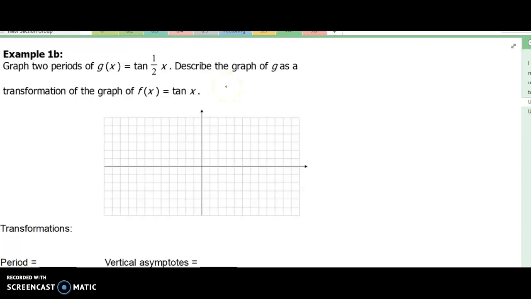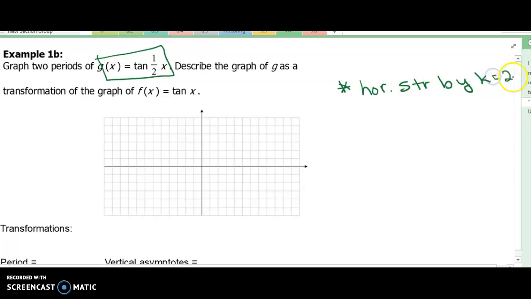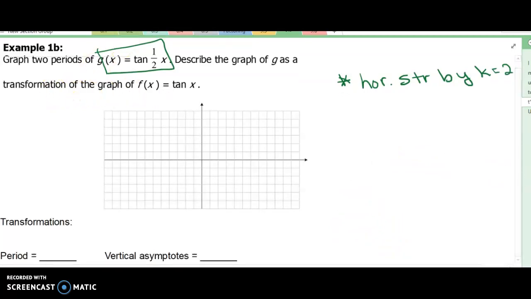This is just like 1a. So I want to graph 2 periods, and in this case, we have tangent of 1/2 x. Now, describe the graph. Well, all we have is the 1/2, and the 1/2 is a horizontal stretch by a scale factor of 2. That should be a review for you guys. Now to find my period, I want pi over b, and remember this is my b value.